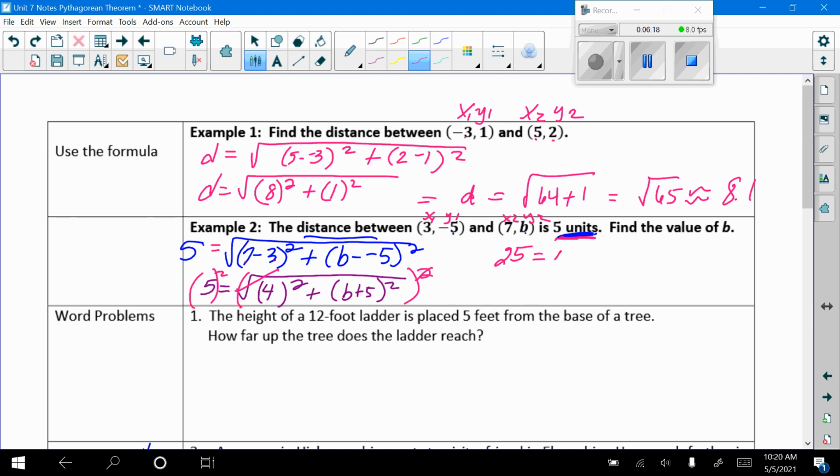So I end up with 4 squared plus b plus 5 squared, because that was inside. So now I get 16 here. So take away 16, take away 16. I now have that 25 minus 16 gives me 9 equals b plus 5 squared.